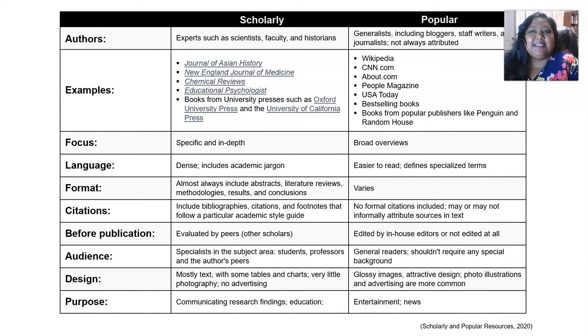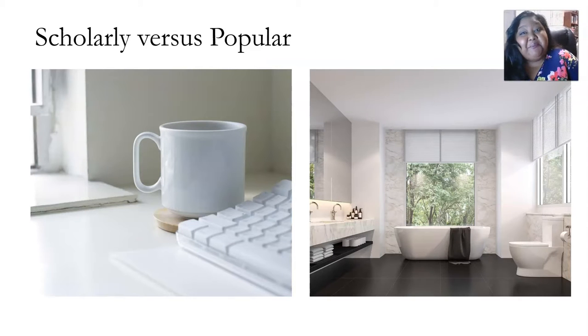Now we're going to discuss scholarly versus popular sources. Remember, some of the points to consider from earlier: author, purpose, format. You might recognize some of them here. If I were to break all of these words on the chart down to a picture for each, this is what I would see. The first is that coffee cup. To review scholarly work, you might need a big cup of coffee to get through all of that academic jargon.